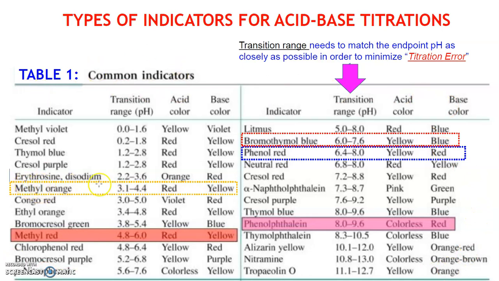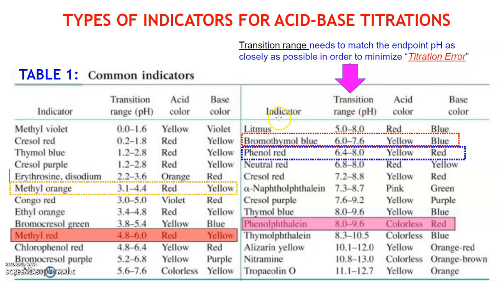But as I highlighted here, there are methyl orange, methyl red, bromothymol blue, phenol red, and phenolphthalein. These are the common ones that you use in your experiment. There is a transition range here. The transition range needs to match the endpoint pH as closely as possible in order to minimize titration error.